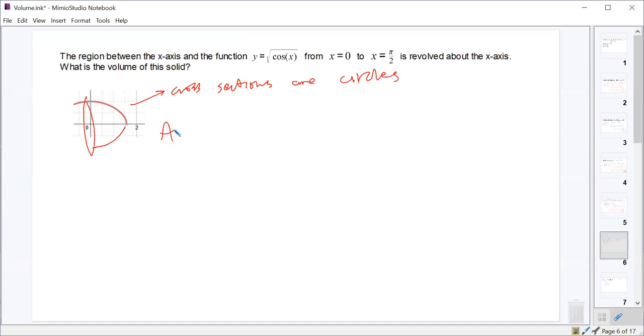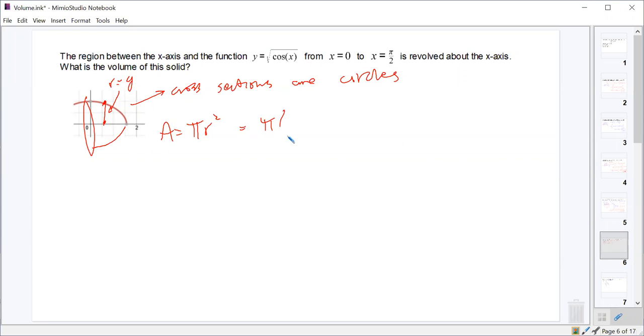And so now when we look for the area of the cross section, it's pi r squared, which gives us pi times our radius. And what's our radius? It's the distance from the function to the x-axis. Right, that's r. And what does r equal? Square root cosine x. Right, it equals y, which is square root cosine x.